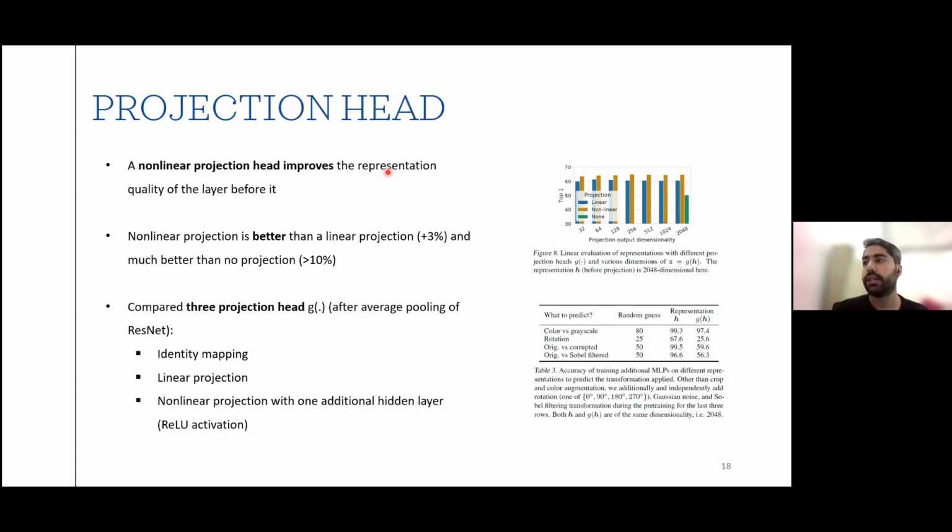None means identity, so instead of having any network there, they would just use the output of the ResNet-50, which is after the average pooling. In this study, they found that a non-linear projection helped more than a linear one. With different dimensions, they had different top-1 accuracy, as you may see.